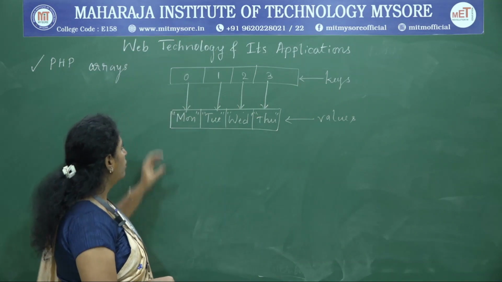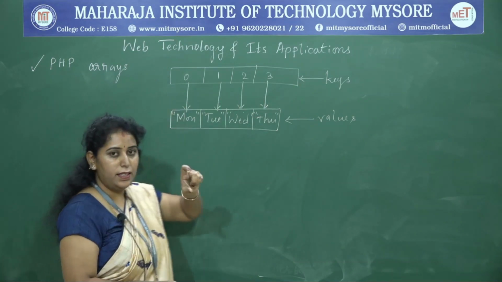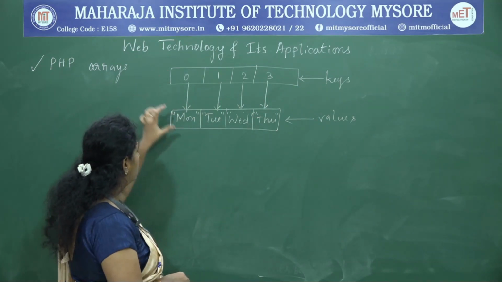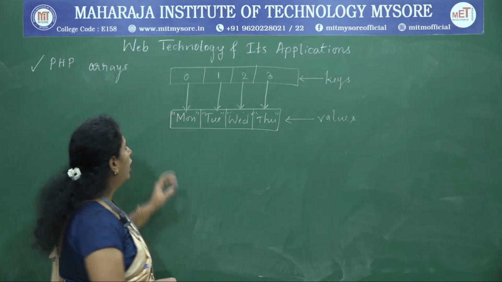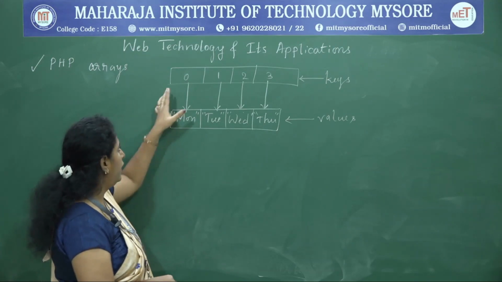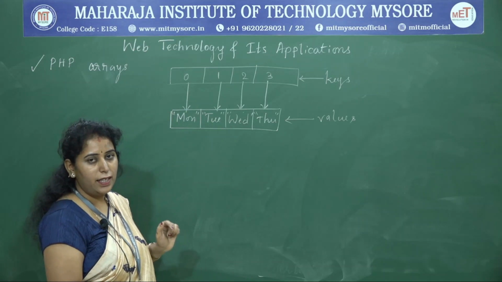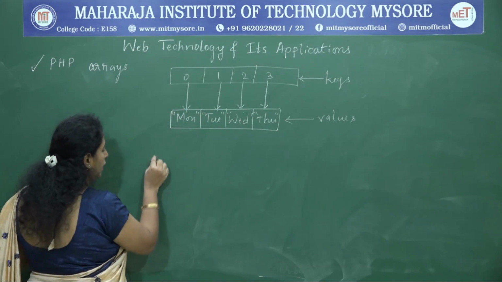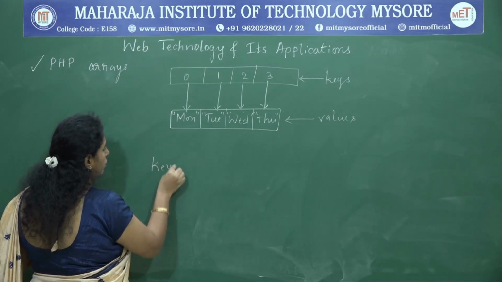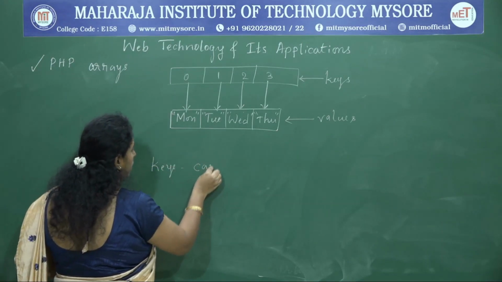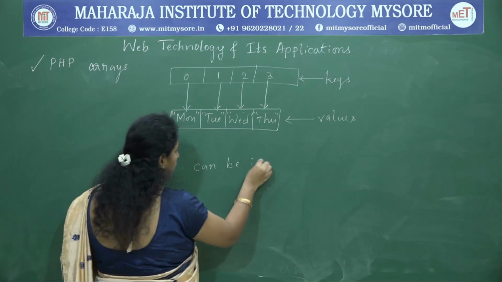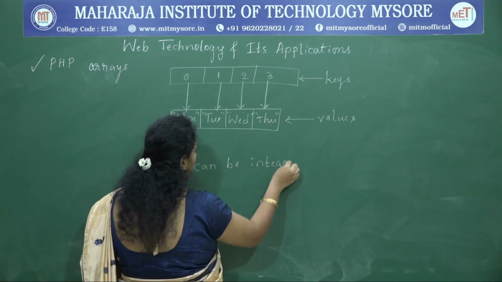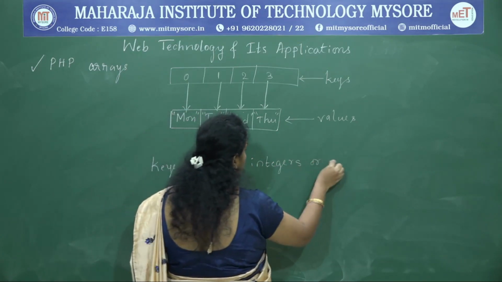Okay, now let me discuss in detail about these keys and values. In this example, keys are integers. Is it right? Yes, but in PHP, keys can be integers or strings.